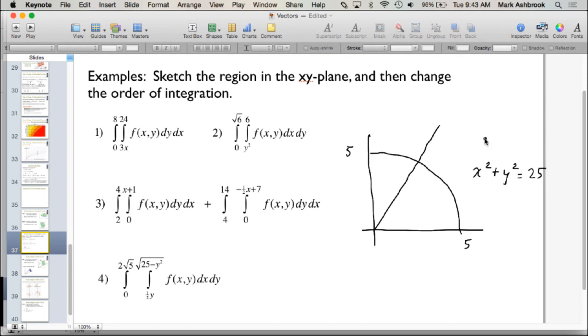So looking at a circle here with center at the origin, and then up to this line. Do you see another kind of paradigm here or another approach?